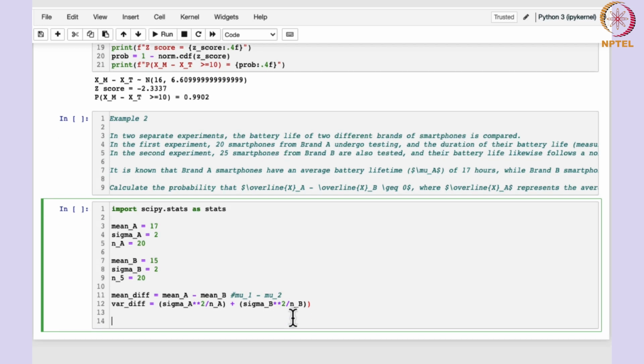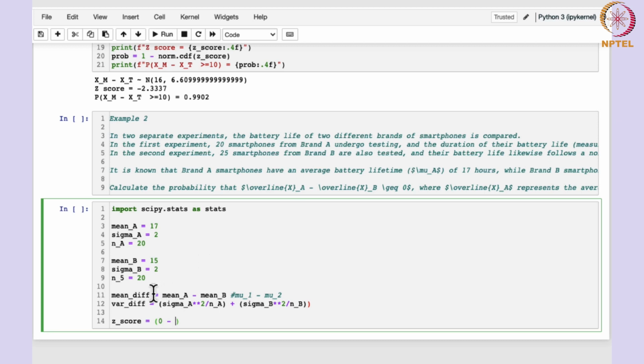Now you can calculate the z-scores. So z-score would be, because you have to ultimately find the probability that the difference between their means is greater than equal to 0. So basically for A, x bar A is greater than equal to x bar B. For that you need to first of all find the z-score. So z-score here it will be 0 minus, because 0 is the value with which we want to see.